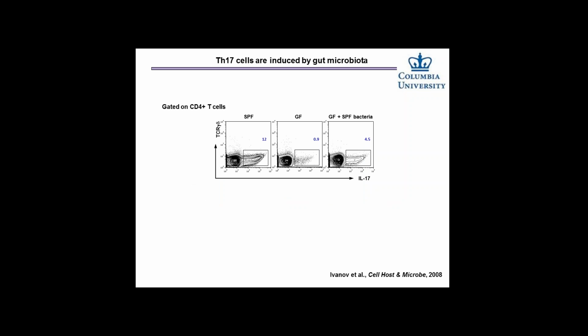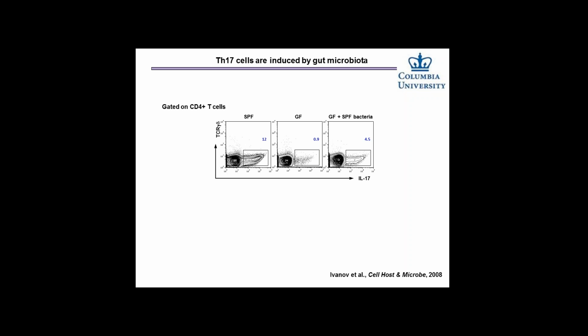It is also important to do a second experiment, and this is an experiment in axenic or germ-free mice. And we can discuss the reasons for that, but it has to be confirmed. In this case, we compared conventionally raised mice to germ-free animals. And again, as you can see, in the germ-free animals, Th17 cells are virtually absent from the small intestinal lamina propria.